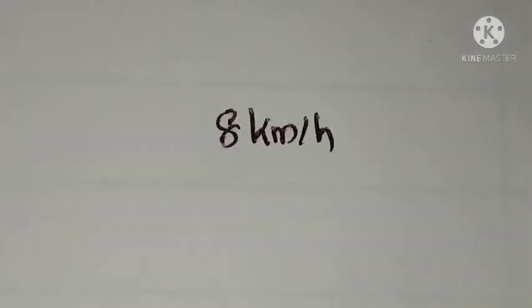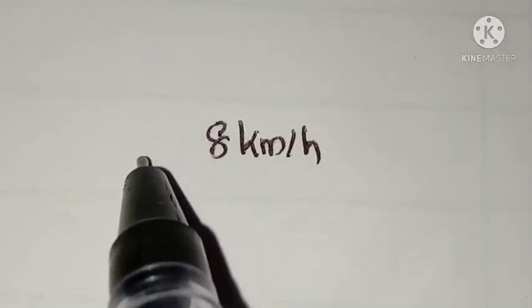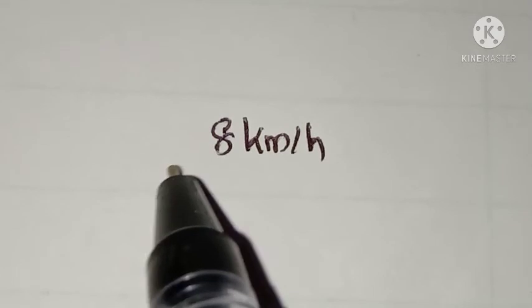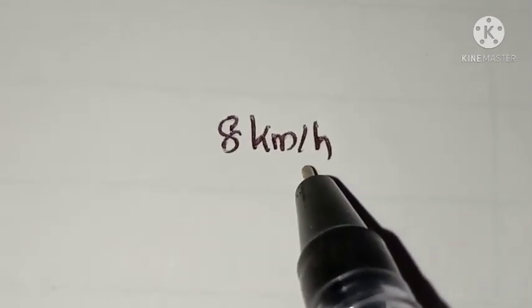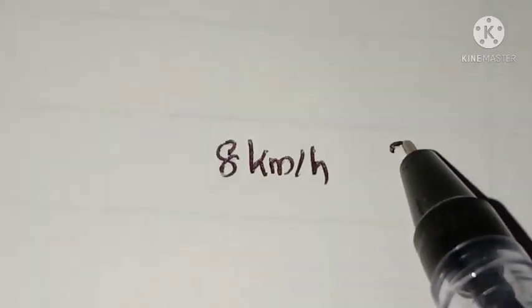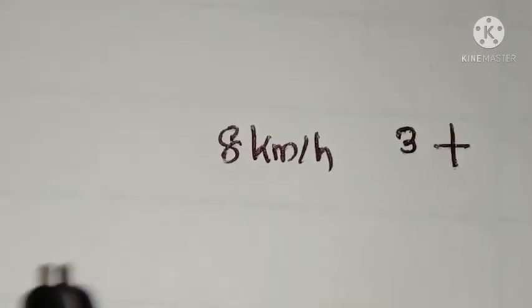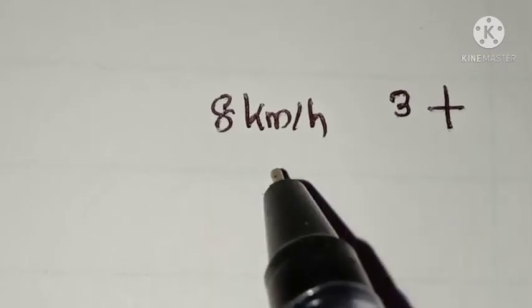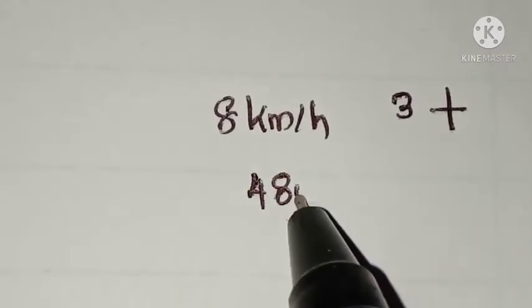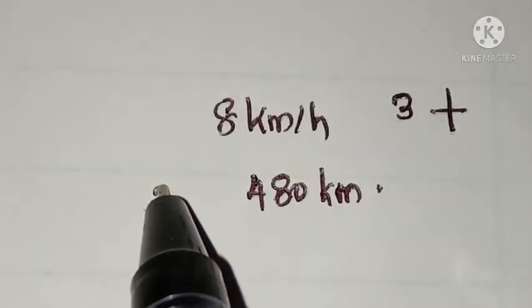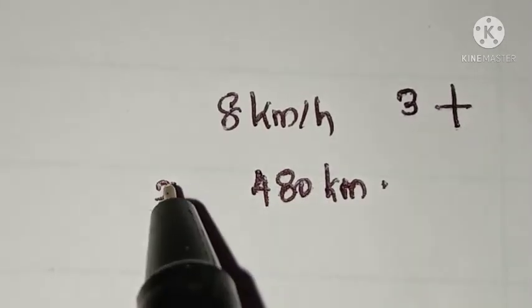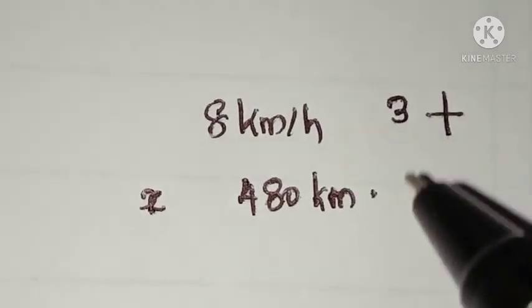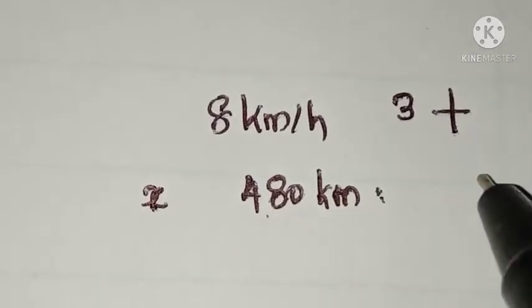Now in the next sentence, it is given that the speed had been 8 km per hour less. 8 km per hour less means if we decrease the speed by 8 km per hour, then the train takes 3 hours more to cover the same distance. Actually the train moves at uniform speed x to cover 480 km. If it goes at x km per hour, then it takes 480 by x hours to cover this distance.